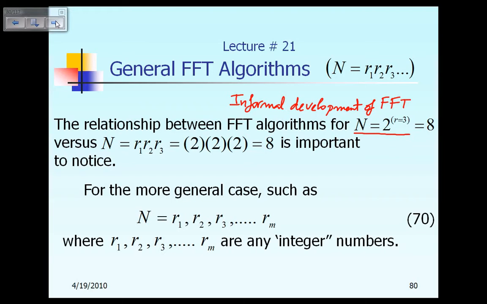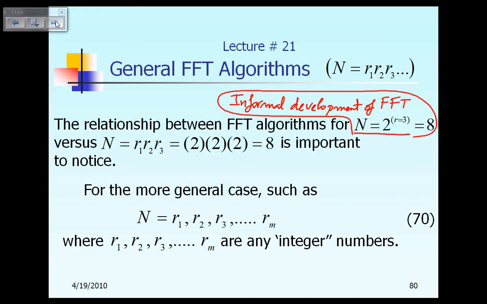So for example, at that time we considered r equal to 3. That means capital N is equal to 2 to the power 3, which is 8.